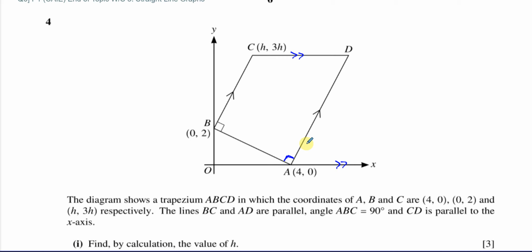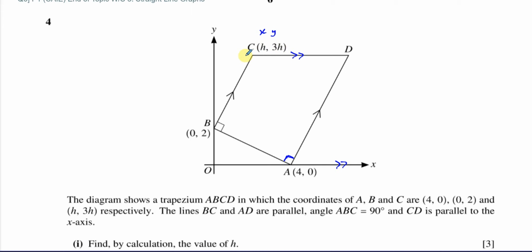Well, what we can do here is find the equation of the line passing through B and C. That should help us find the value of h, because C is a point on the line, and the values of x and y of the point C should satisfy the equation of the line if we substitute them in.